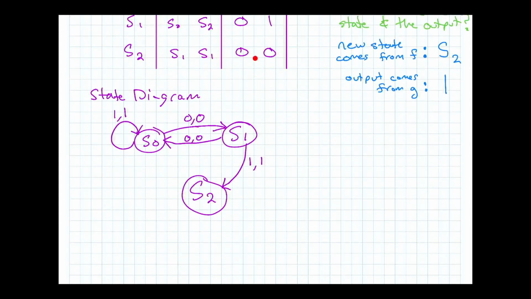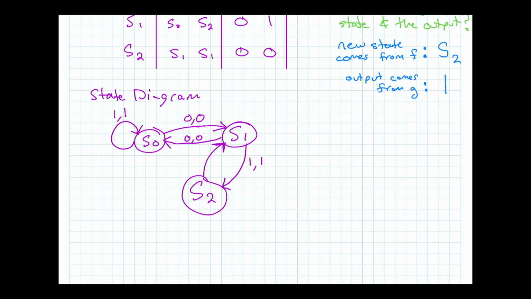So the third row, S2 can go to S1 or S1, so just S2 to S1. You can draw two arrows, but the way they normally do it is they draw one arrow like that, and then they double up on the numbers.